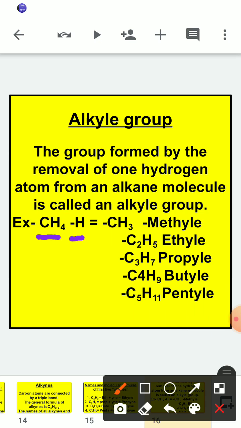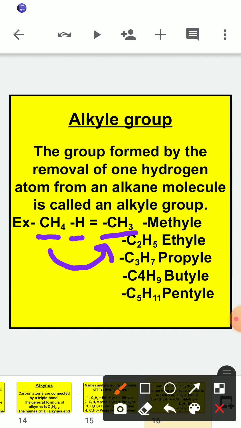Out of 4 hydrogen atoms, only 3 remain, so CH4 converts into CH3, and now methane becomes methyl. In the similar way, the second member C2H5 from ethane is ethyl. Propane converts into propyl, butane into butyl, and pentane into pentyl.